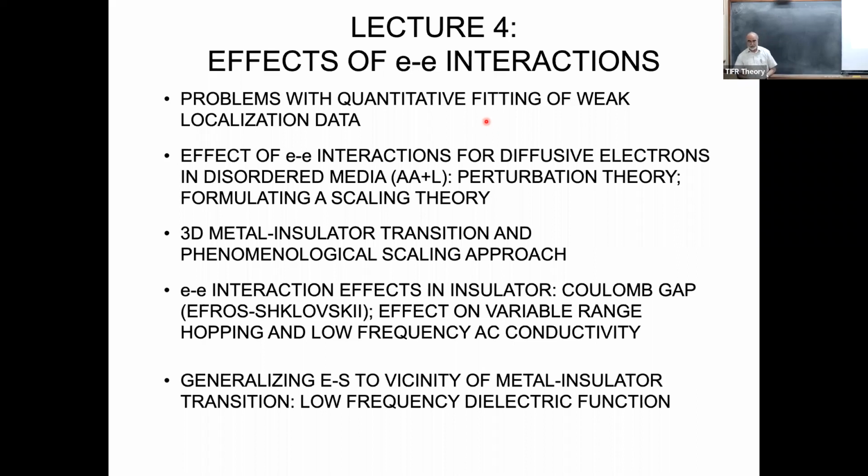One of the things that turned out was that there's a logarithmic dependence of the conductivity with temperature, even for very good metals. But if you try to fit the data quantitatively, including the prefactors of the log, you find that the order of magnitude of the prefactor is correct, but the details are not quite correct.